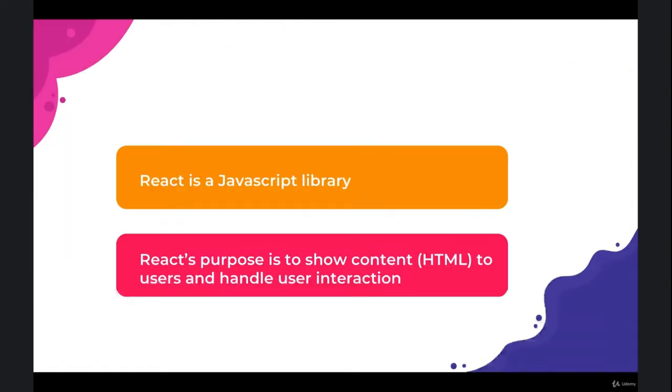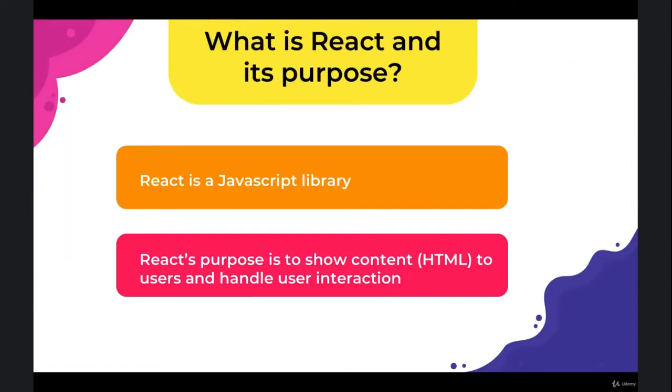So, first off, what the heck is React and what's its purpose? What do we use this library for? Okay, so React by itself is a single JavaScript library. So the goal of React is to produce some useful content that is going to show up on the screen of your user's browser. Now, when we say content, what we're really talking about here is the HTML.